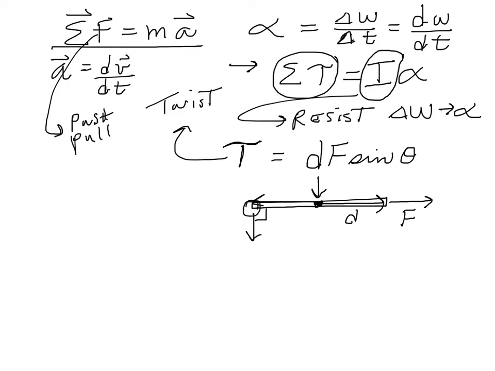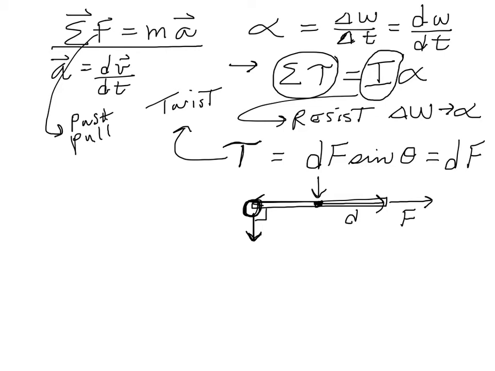In this case, the force is applied here at the end, so the distance is half the length of the bar, and to get the maximum torque, I apply it at an angle of 90 degrees, and that gives me the largest that the sine function can be, 1. And so in this case, the torque would simply be that distance times the applied force.